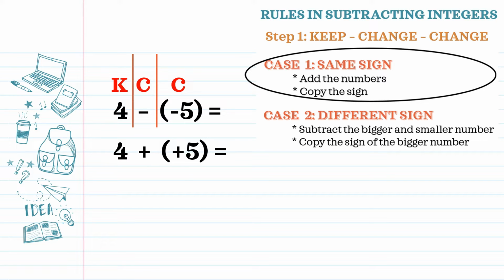In this rule, we are just going to add the numbers 4 plus 5 and then copy the sign, which is positive. So our answer will be positive 9. That means that positive 4 minus negative 5 is positive 9.